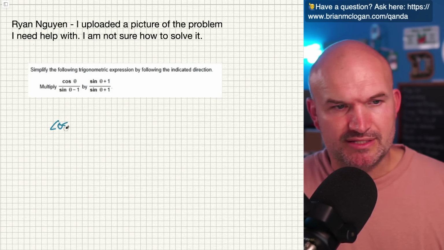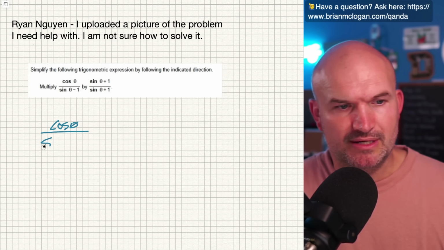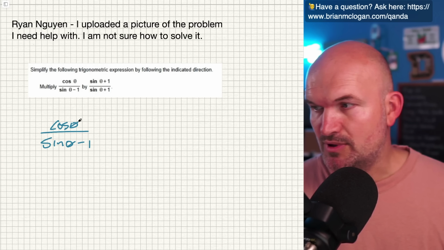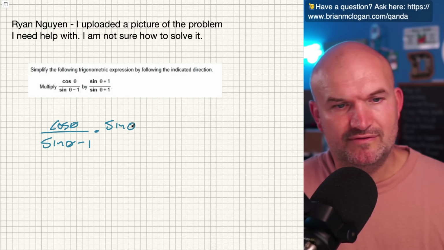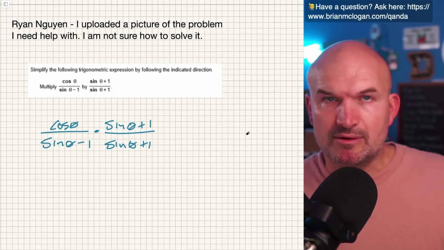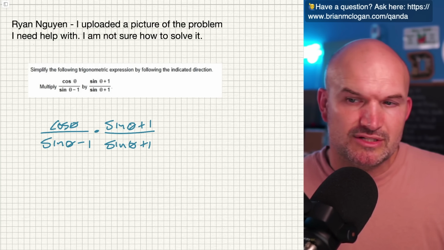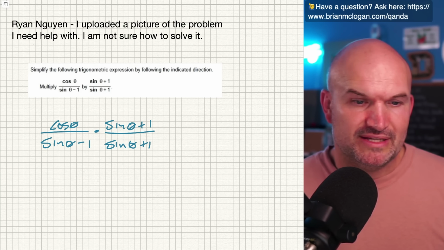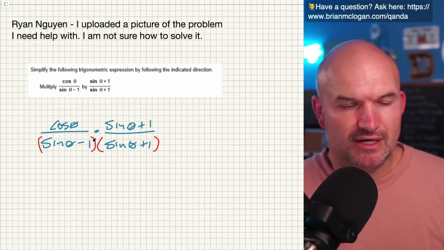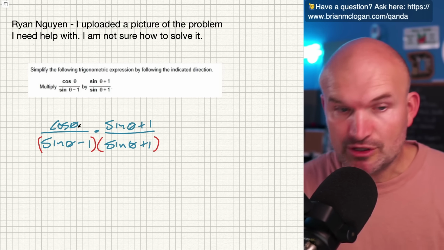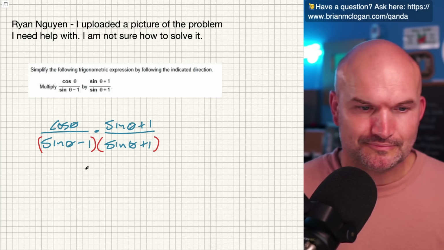So if I multiply cosine of theta divided by sine of theta minus 1 by sine of theta plus 1 divided by sine of theta plus 1. Now the cool thing when you're multiplying fractions is numerator times numerator, denominator times denominator, right? These have two terms in them, so I'm going to put parentheses around them.